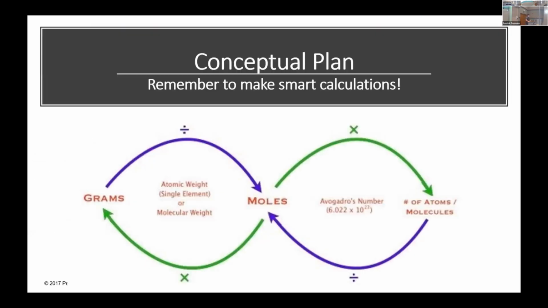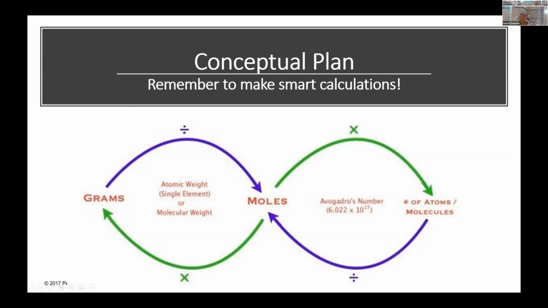All right, this slide is very important. This is an overview of how to do every type of molar calculation. Let's look at the middle. You're going to have problems where you're converting between moles, the grams of your sample, and the number of atoms or molecules.